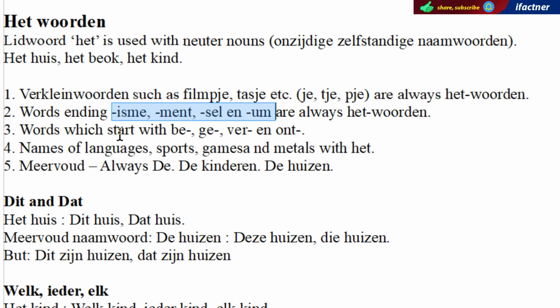Similarly, words which start with be-, ge-, ver-, and ont- are always het woorden. And names of languages, sports, games, and metals are het woorden.